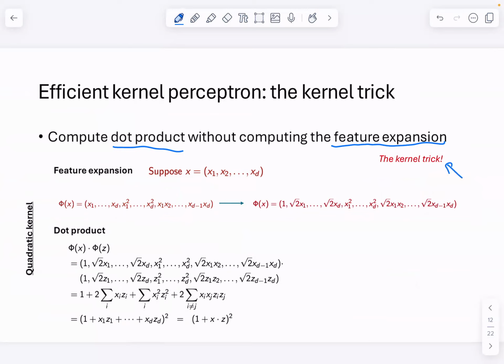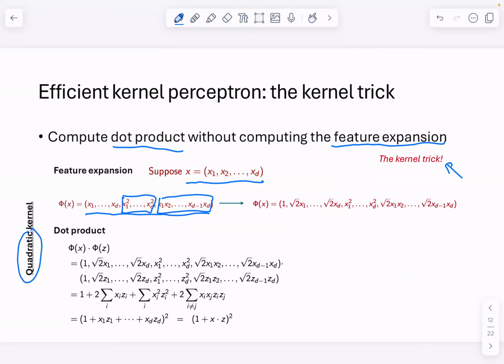How can we do that? Let's still use the quadratic kernel as an example. We need two steps. First, we need to tweak the original feature expansion a little bit. Suppose our original features are x1 up to xd, right? Originally, we expand the features by adding all the squared terms and also the combinations of these terms up to order 2.